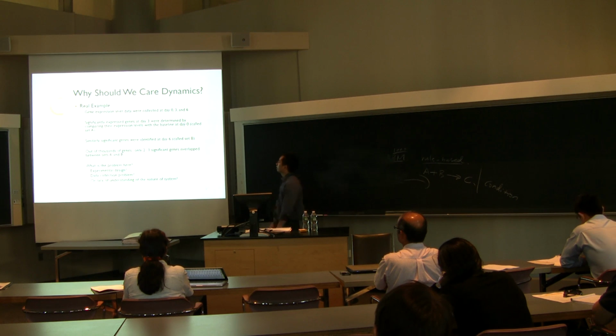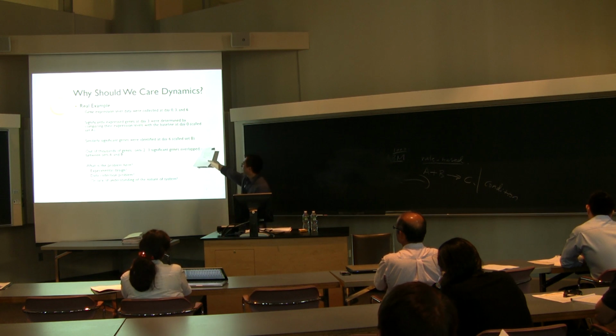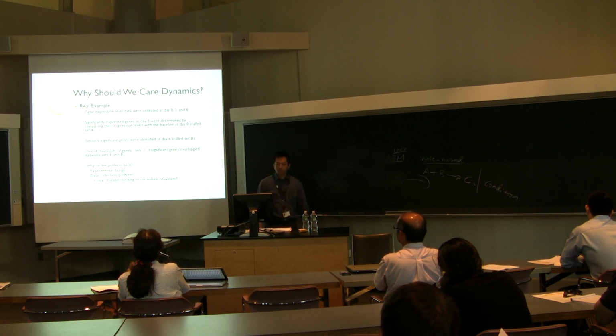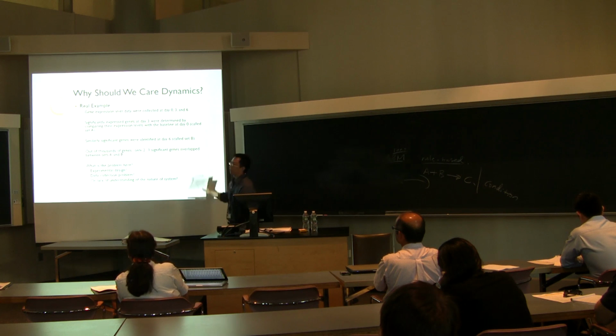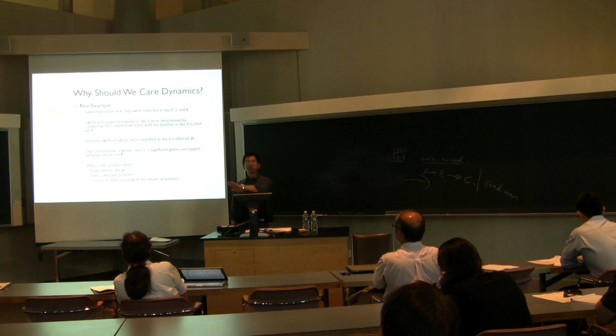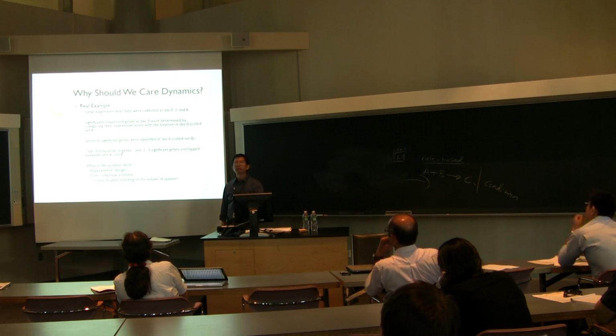They first identified the significantly expressed genes at day 3 by comparing with the baseline data at day 0. That makes sense, right? And then they determined the significantly expressed genes at day 6, again comparing with the baseline data at day 0.